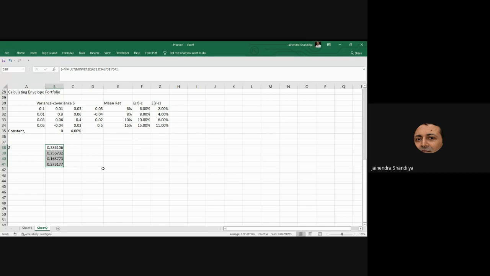Fine. So from this Z, I will create X. So my X will be this upon the sum, so I do this.